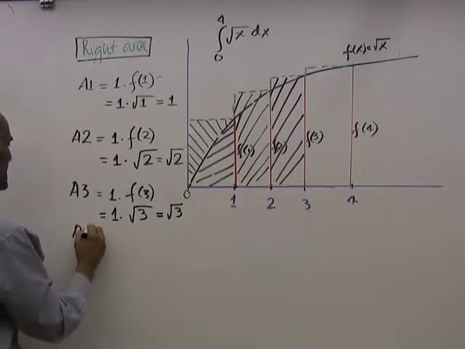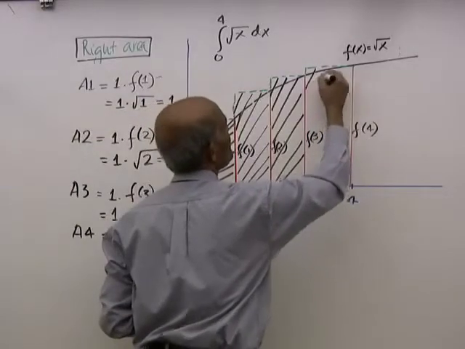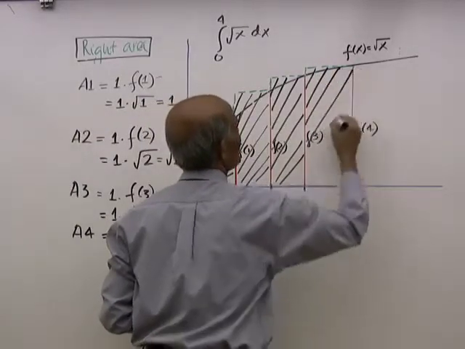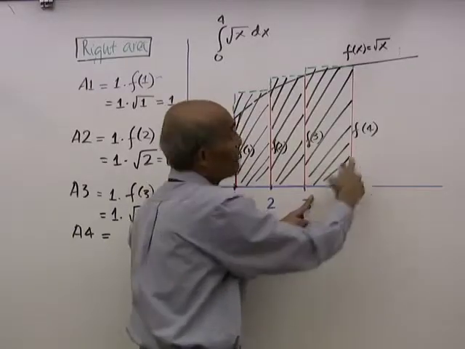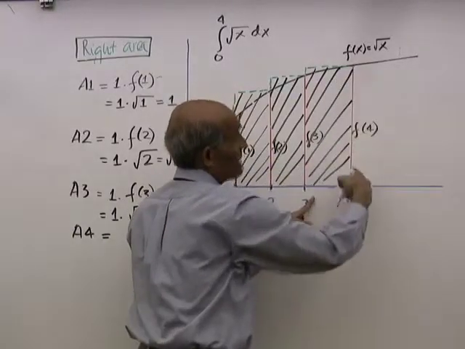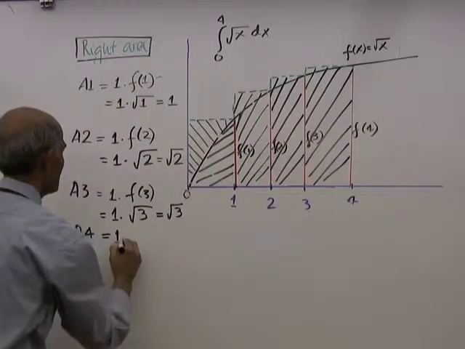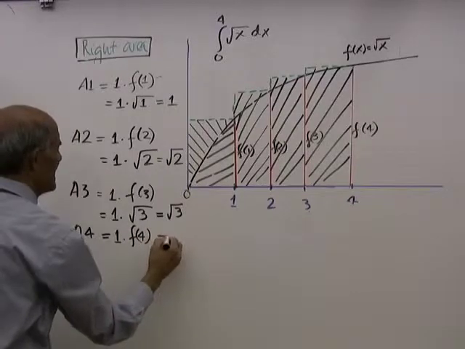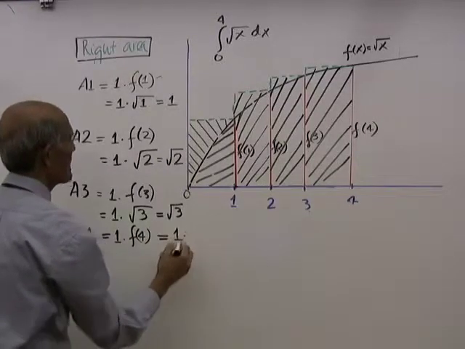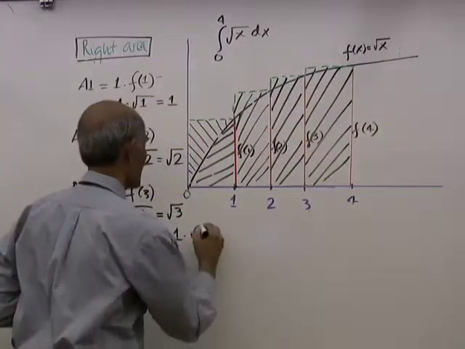Alright, what is A4 equal to? A4 is this area. And that will be delta x multiplied by the right side, which is f of 4. So that will be delta x is 1 multiplied by f of 4, and f of 4 is square root of 4.